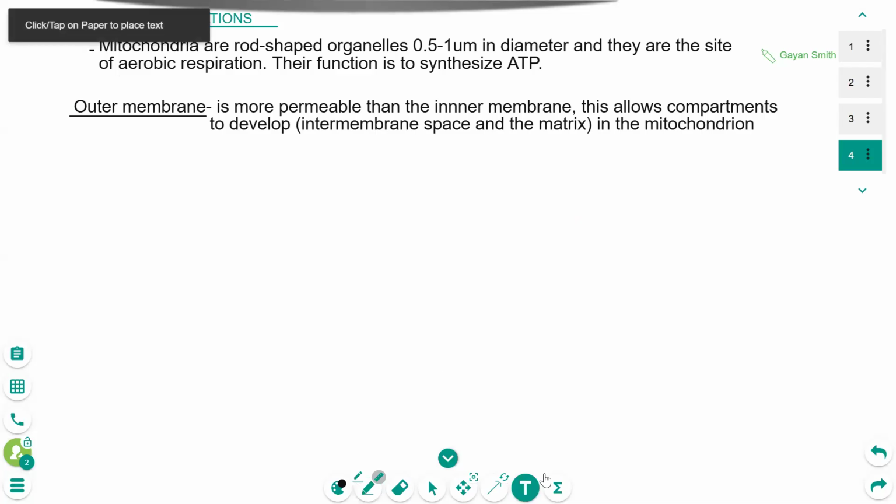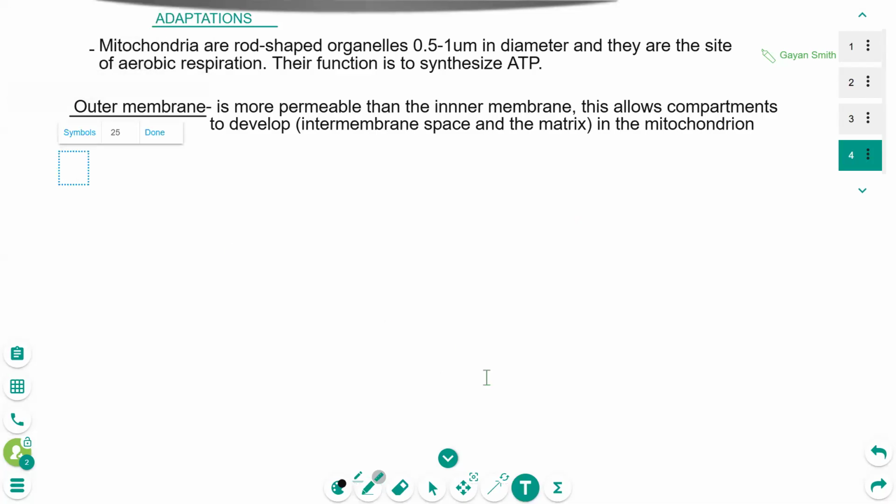Now the inner membrane, the cristae, this causes a great increase in the surface area, which makes ATP production way more efficient.